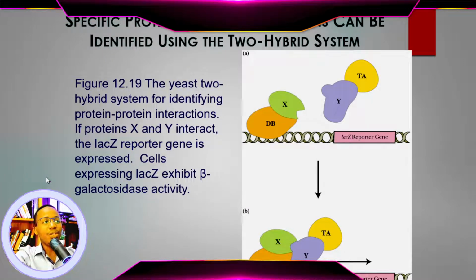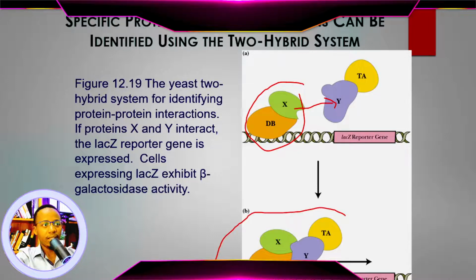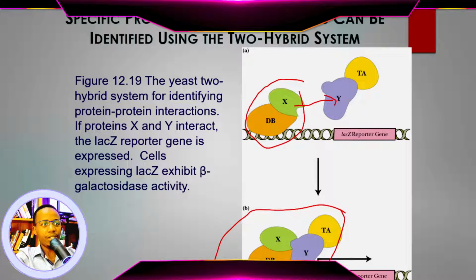Another thing that you can do using a reporter gene is look at protein interactions, mainly protein interactions that involve DNA. So here is an example: there is no expression if there is no interaction between these two proteins, but whenever these two proteins interact, there is expression, and the reporter gene here is expressed.